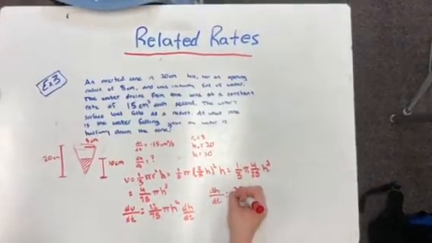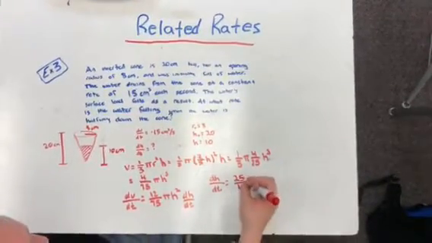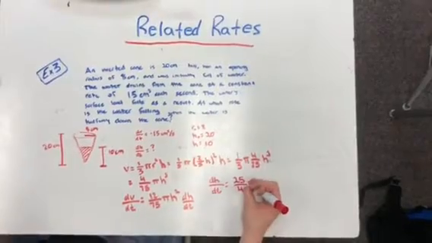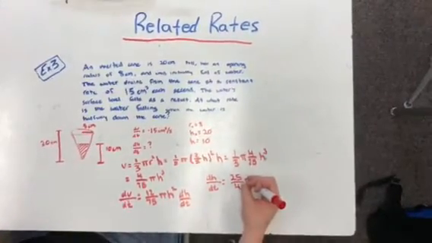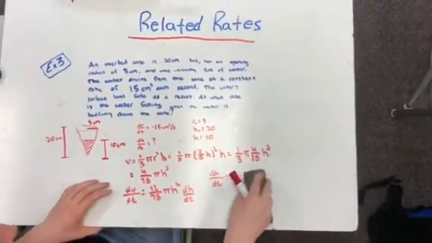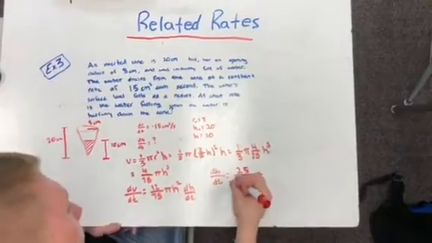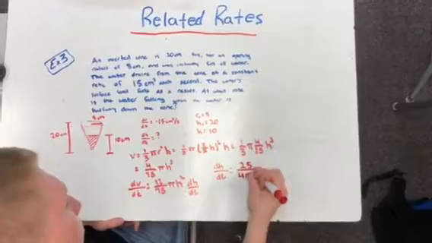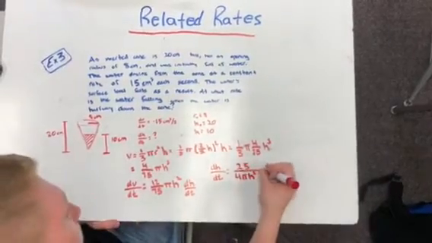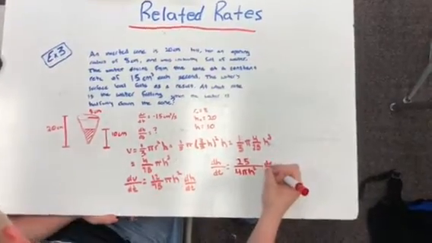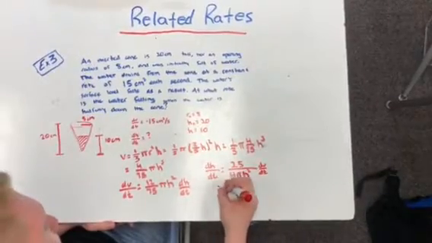You can now plug in 10 centimeters for the height, and for dV dt you can plug in negative 15 cubic centimeters per second.